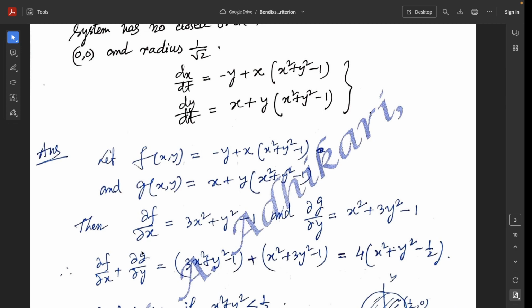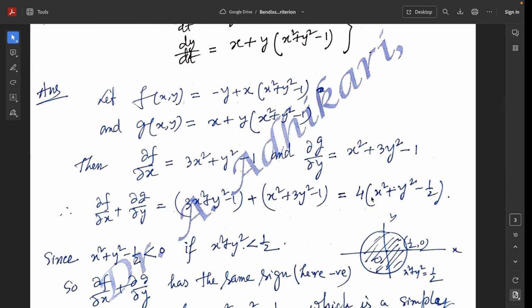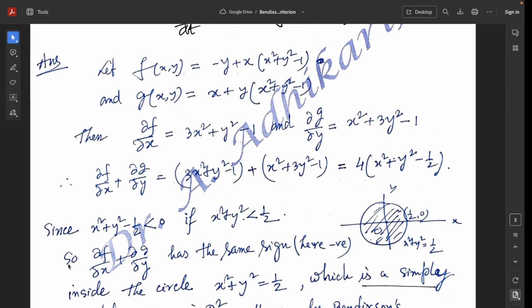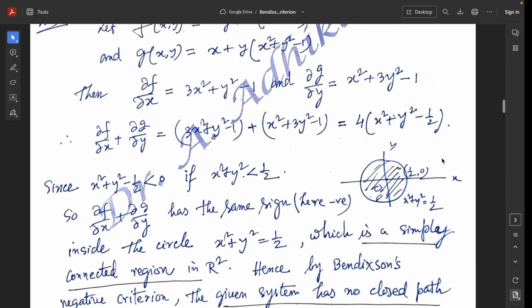Then del f del x plus del g del y equals 4 into x square plus y square minus half. And this quantity is less than 0 if x square plus y square is less than half. So del f del x plus del g del y has the same sign, negative, inside the circle x square plus y square equal to half.